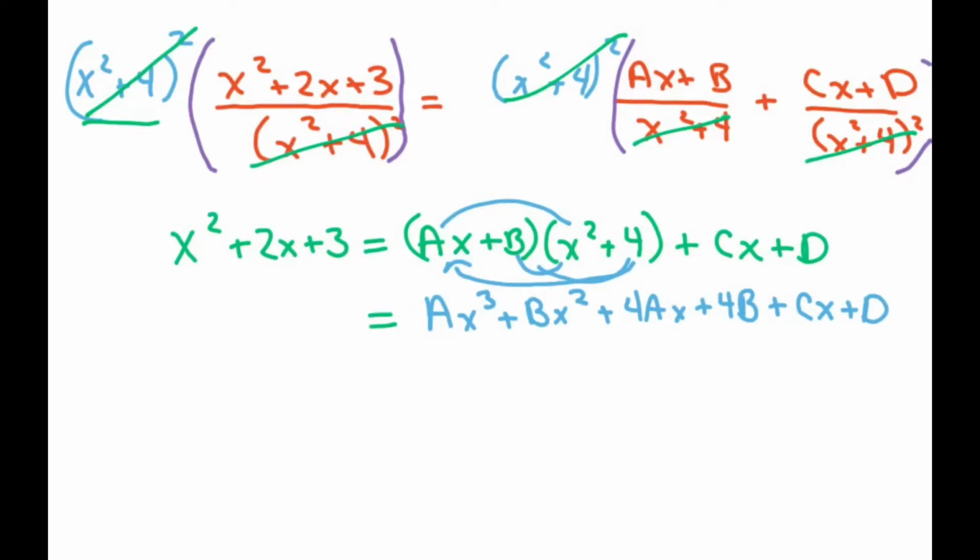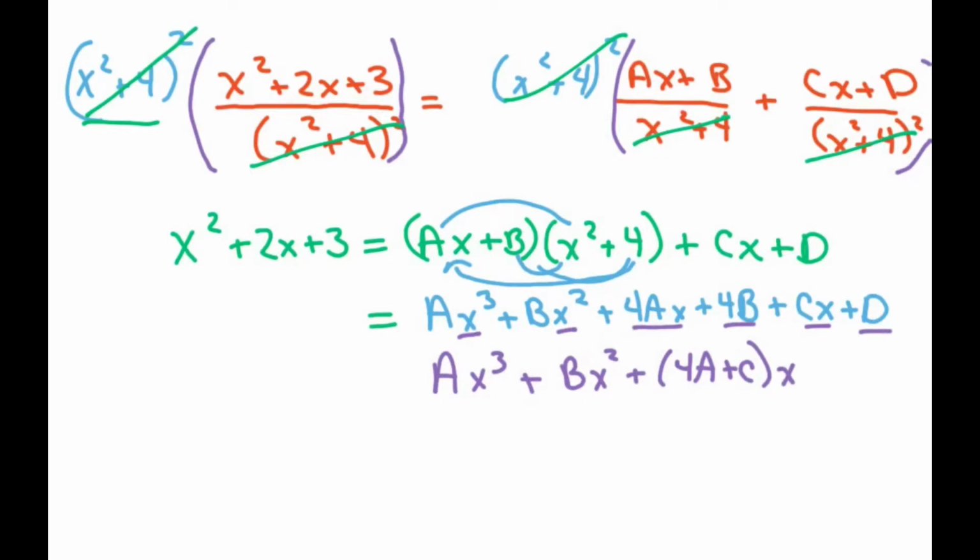Now what I want to do is combine my like terms. So I get ax cubed, I only have one square here, bx squared. I have two of these, so I'm going to factor out an x. So I get 4a plus c, and I'm going to put the x here, and then I don't have any x here, and this would be 4b plus d.